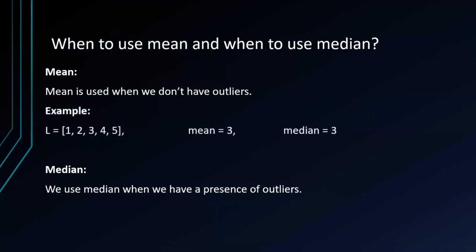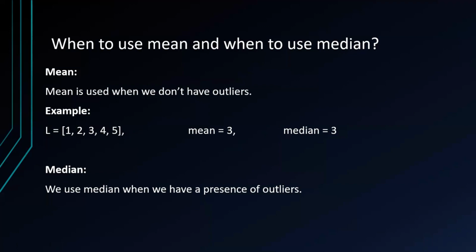For instance, you have a list of values 1, 2, 3, 4, and 5. So we have no outlier in the list. That's why the mean is 3 and median is 3. It means we can use the mean. We use median when we have presence of outliers in the dataset.